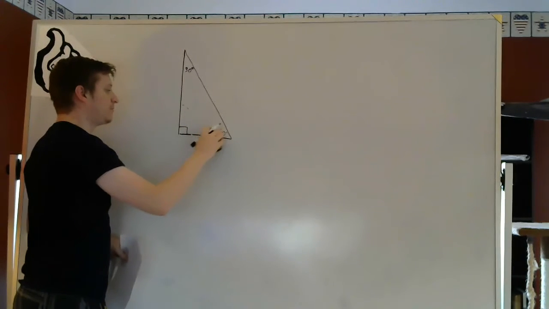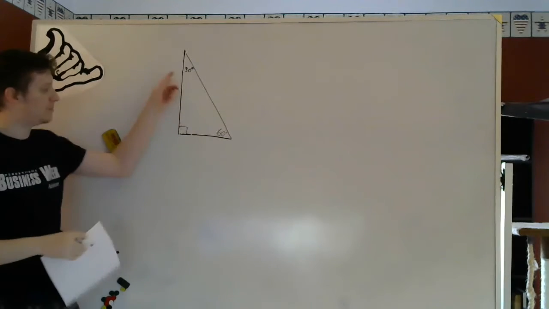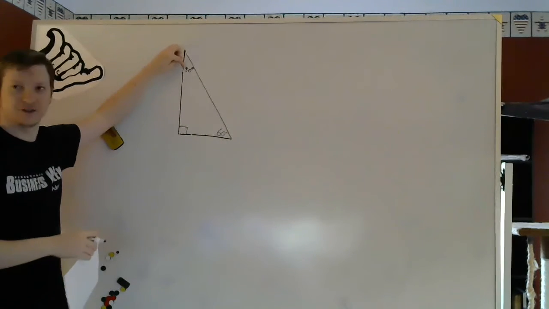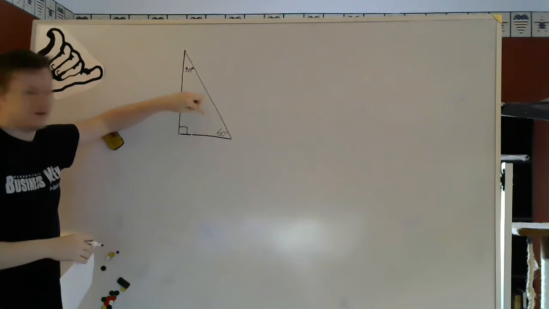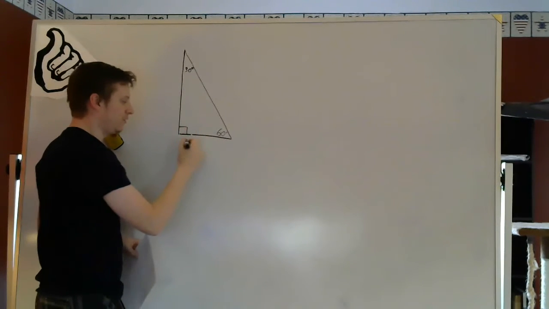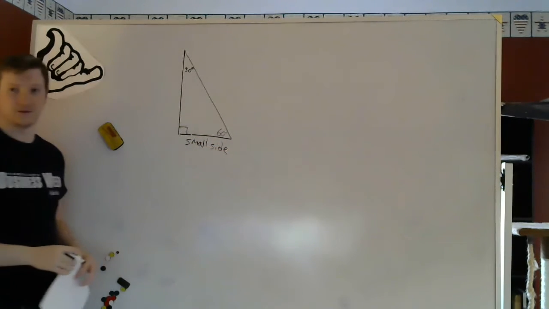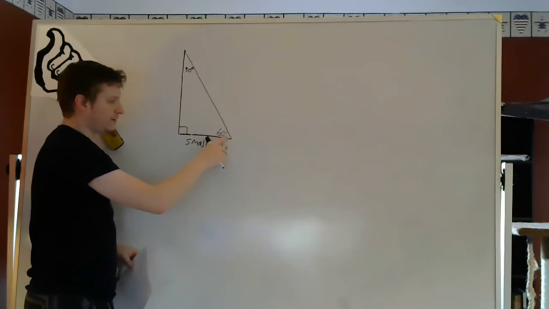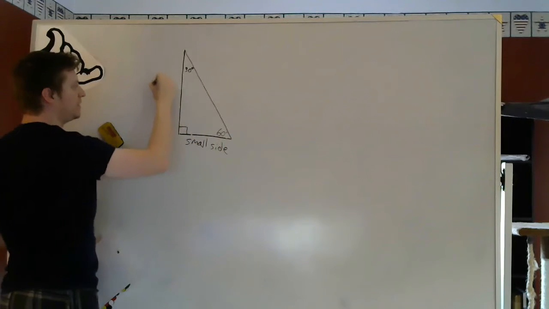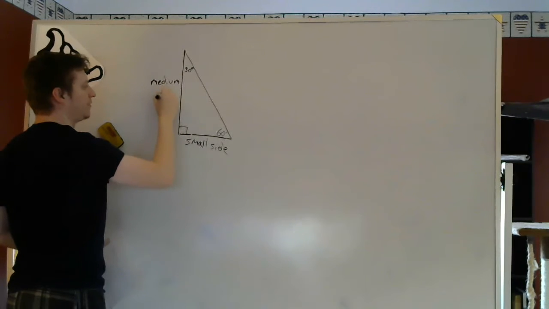So once you know what's opposite, that's great, and now we can use our angle measures here to tell us a little bit about this. So if you notice, 30 degrees is a lot smaller than 60 degrees. Which means this side that's opposite the 30 degrees should be the small side of the triangle. 60 degrees is also smaller than 90 degrees, so the side that's opposite the 60 degrees should be the medium length side.